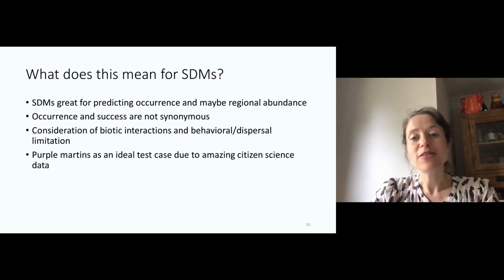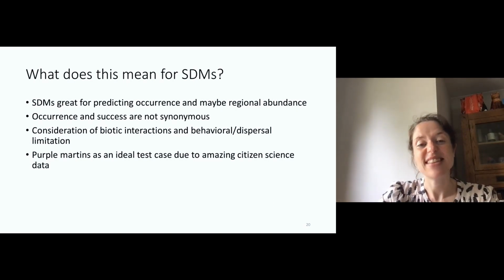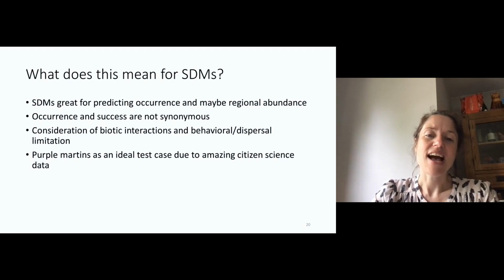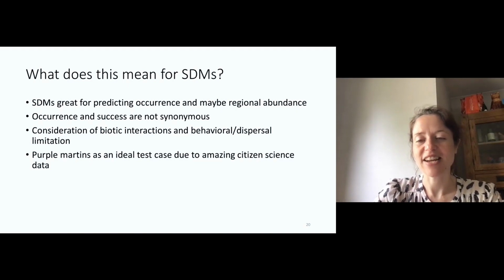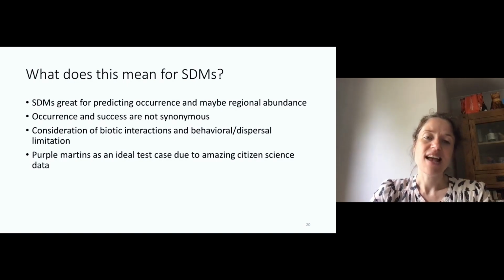So as far as species distribution models go and our usage of them for conservation, this is not great news. Species distribution models are still great for predicting occurrence and perhaps even regional level abundance. But occurrence and success are far from synonymous.